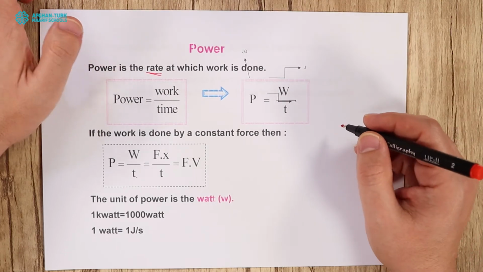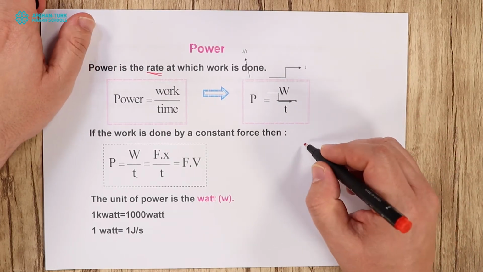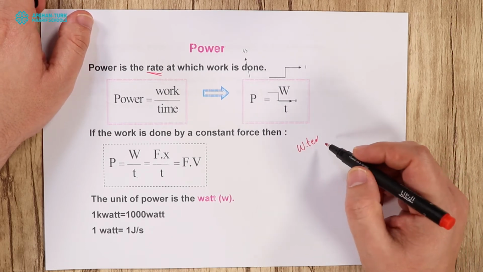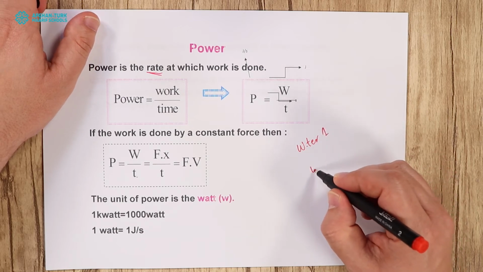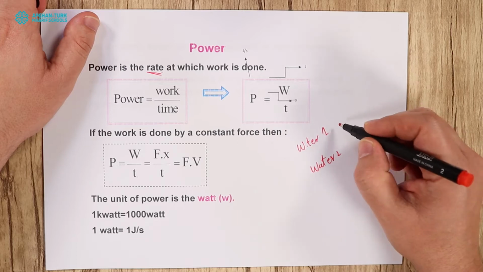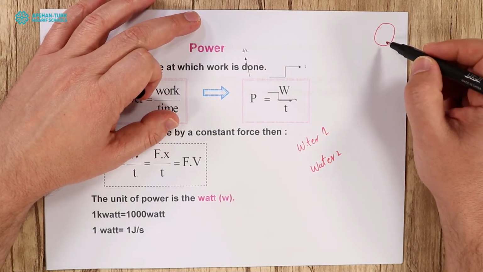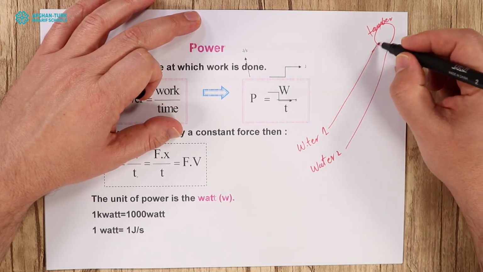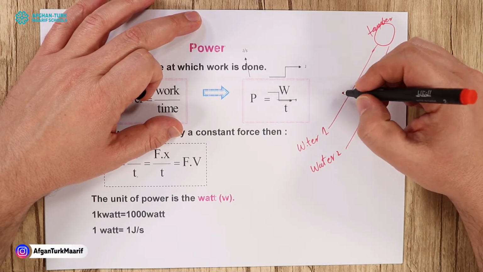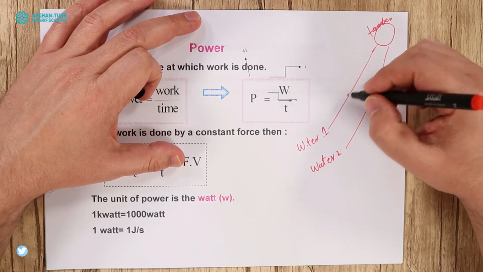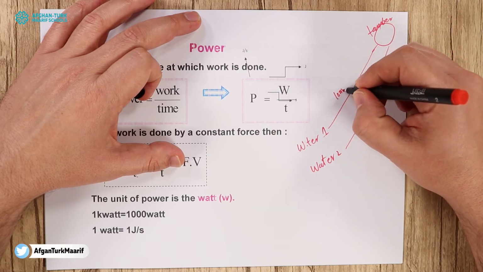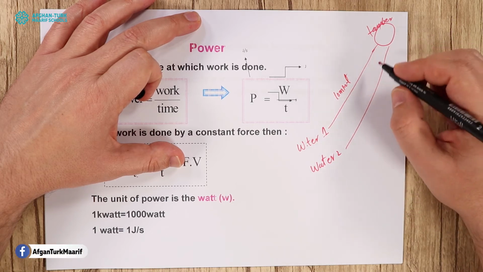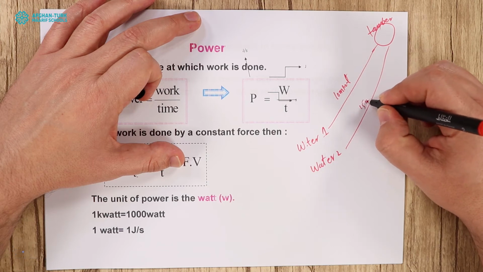For example, I will give you a simple example. Let's suppose we have two water motors and a water tanker. The first one finishes filling the tanker within 10 minutes, and the second one fills the water tanker within 15 minutes.